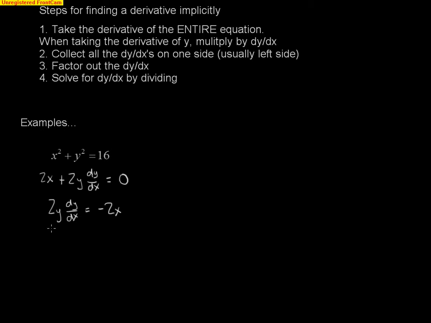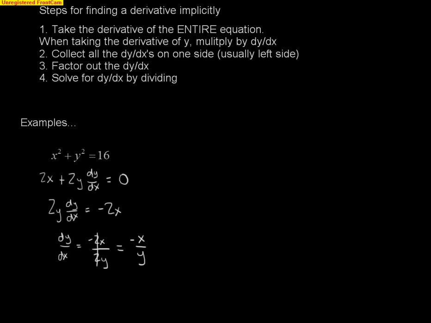So all I'm going to do now is divide both sides by 2y. So dy dx is going to equal negative 2x over 2y, and just to simplify there, the 2's are going to cancel. So our derivative will wind up being negative x over y. Alright, so that was a pretty basic one.